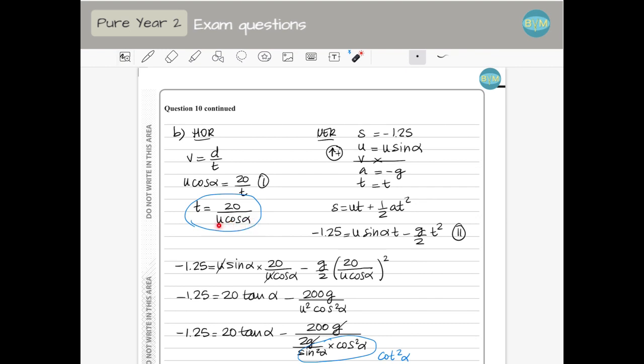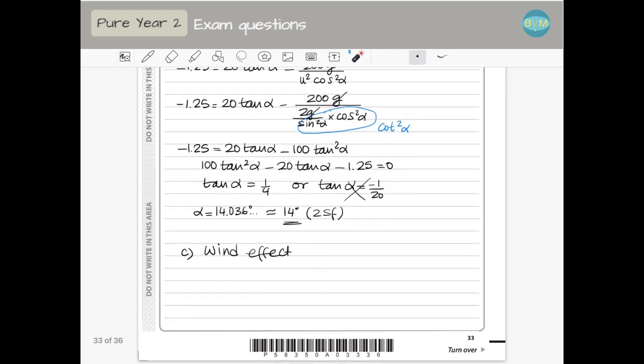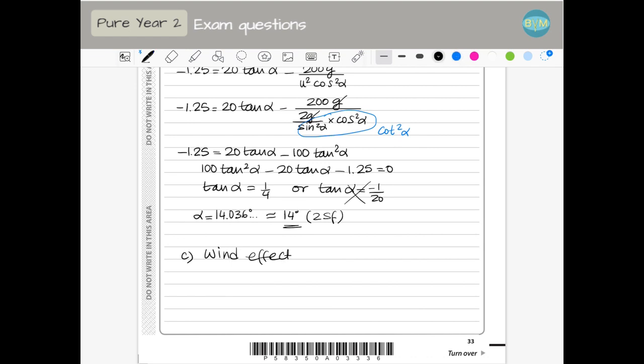We would need to find U. But again, we have an expression for U. It's this one here, in terms of alpha. So we are going to use this expression to find U and then go to that one. I'm going to find U first. I know that U squared is 2G divided by sine squared alpha.